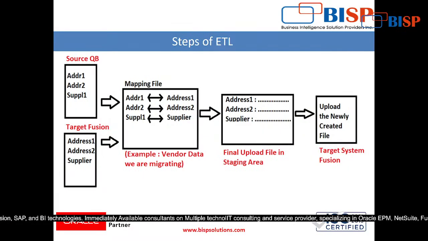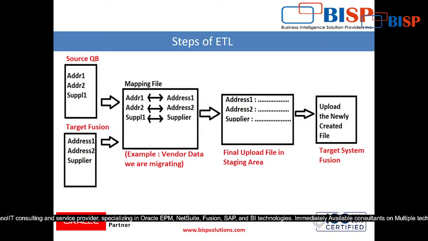Now see here, steps of ETL. First of all, source QB, just imagine that in source QB there are ADDR1, ADDR2, ADD supplier 1 like this. But in the target system, what do they need? They need a clear language.